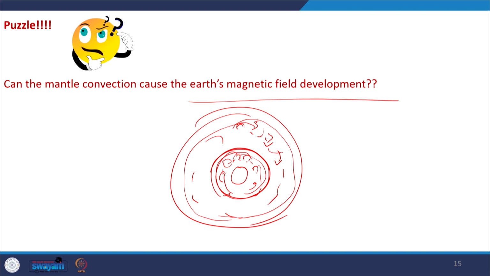Second thing is its speed, this motion is very slow as compared to the motion at the outer core. So, though convection occurs in the earth's mantle, it is not able to generate the earth's magnetic field.